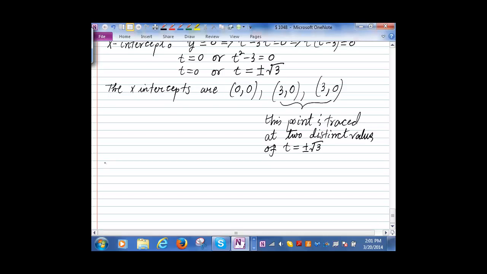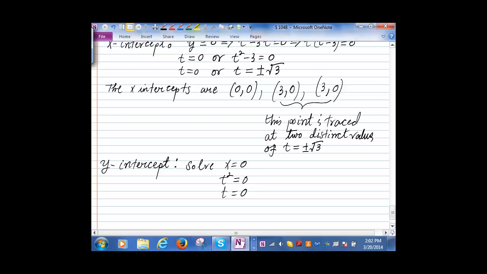How about the y-intercepts? Yeah, so for the y-intercept, I have to solve x equals 0, which tells me that t squared has to be 0 because x is t squared, right? And so that tells me t is what?